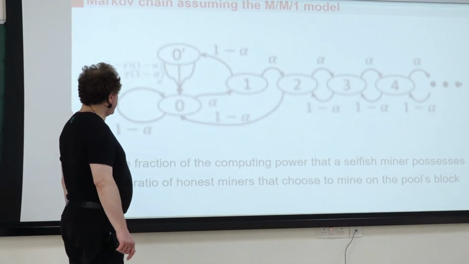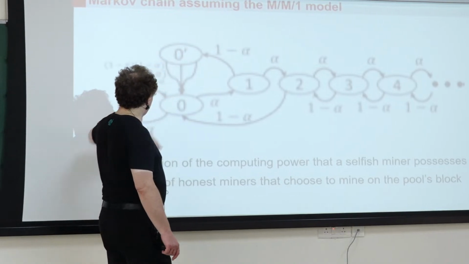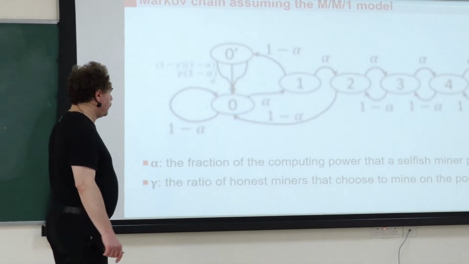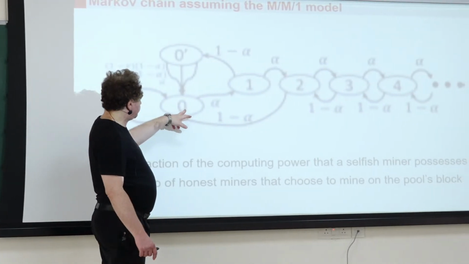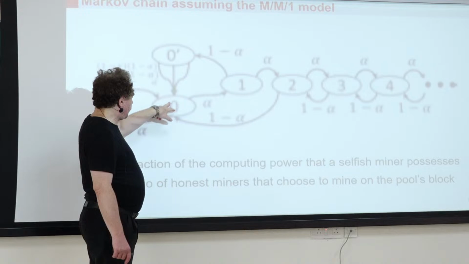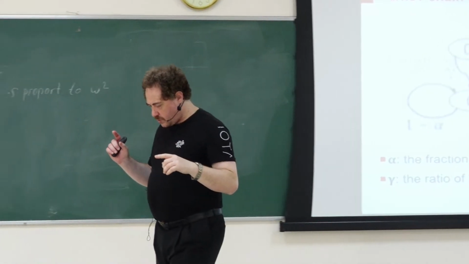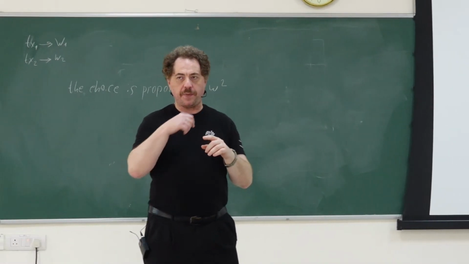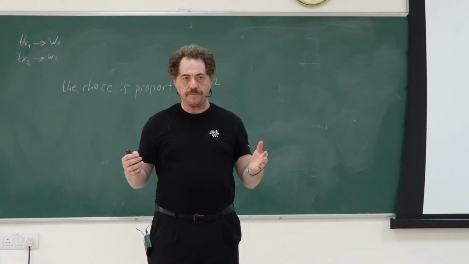And what's interesting is that there are two states for zero, right? One state for zero is when the private chain and the public chain have length 0, so there is no private chain.